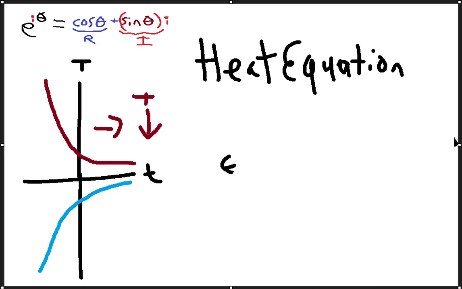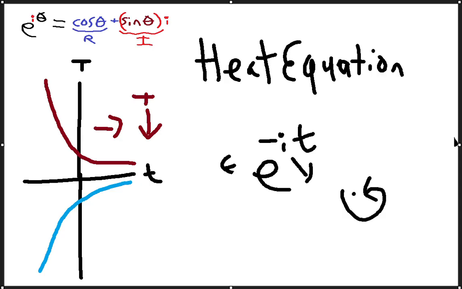So instead of doing e to something t, we simply fix it by doing e to the i times t, and a negative. This means that instead of going down to 0, it will oscillate. It'll go around and around and around like we saw earlier with cosine and sine. And so it won't go to 0. It'll just stay consistent.